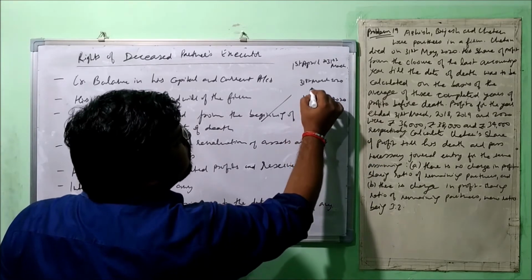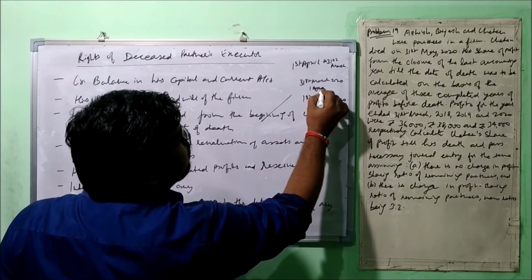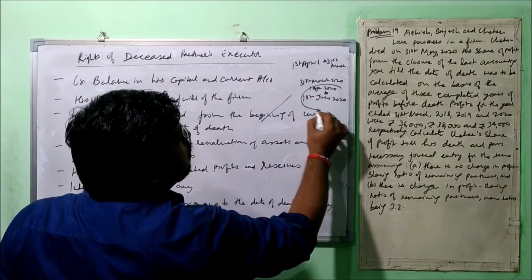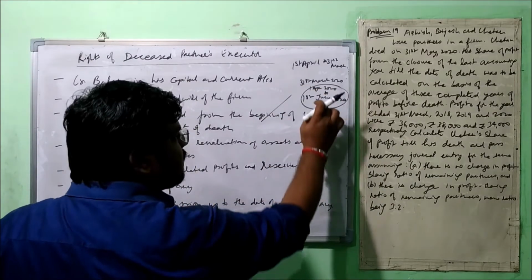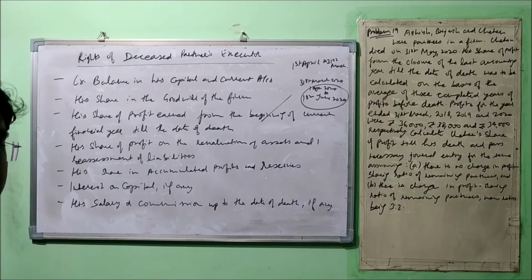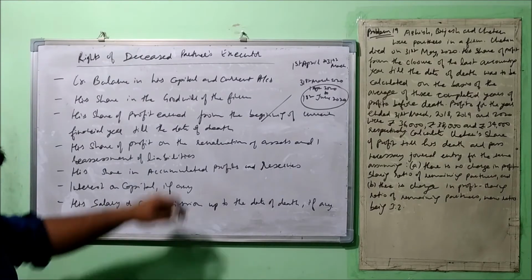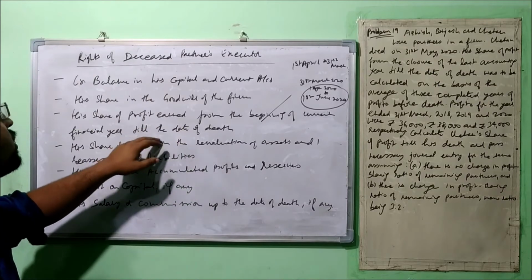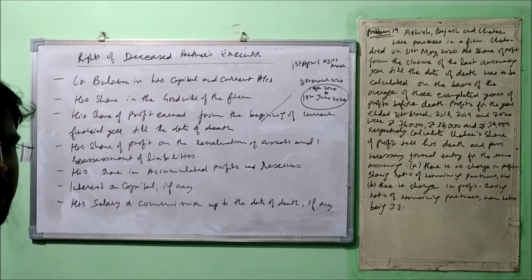Now in the period from 1st April 2020 to 1st June 2020, the firm must also be working and earning some profit. So the executor of the deceased partner has the right to get a share in that profit as well. When we attempt the numerical question, I will explain it in detail.